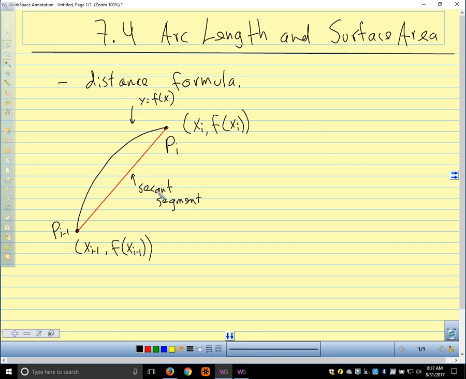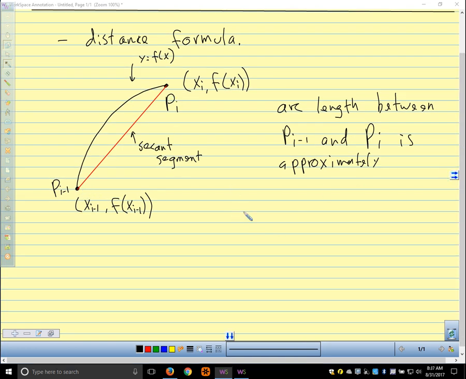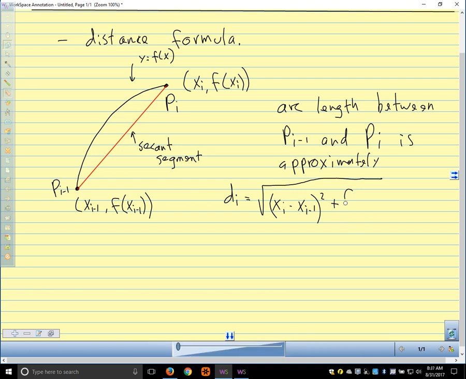So our arc length between the two points p sub i minus 1 and p sub i is approximately, I'm going to call it d sub i, the distance between those two points. d sub i is, using the distance formula, the square root of x sub i minus x sub i minus 1, squared, plus my y coordinates, f of x sub i minus f of x sub i minus 1, and I'm going to square that quantity.